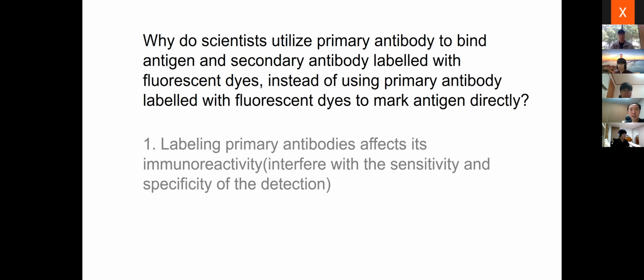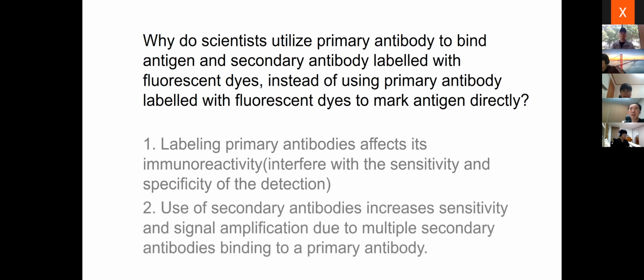That assumption is that the fluorescence molecule is bound to the Fab or Fv, the paratope site. If a drug molecule or fluorescence molecule binds to the paratope, then it can block those functions. Or a secondary antibody can increase the sensitivity.